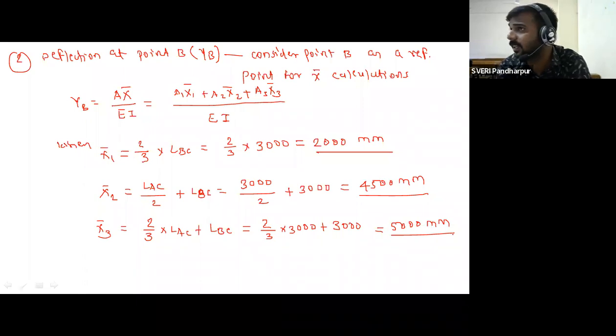So these are the three CG points of all the particular sections. Very simple to calculate. If you are not adding the remaining 3000, your answer will be wrong. That's why I have written one sentence: consider point B as a reference point for x bar calculation. This sentence is very, very important.